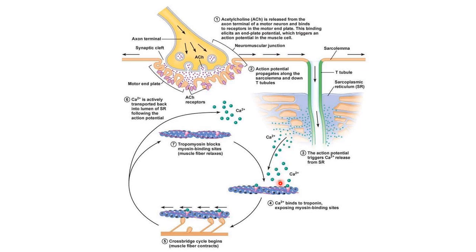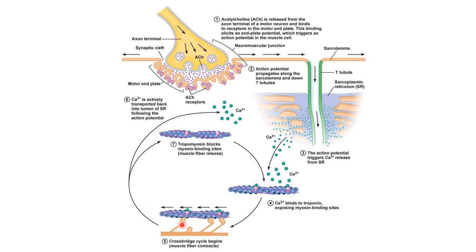The Ca2 plus ions will bind to troponin, thereby exposing the myosin binding site on the actin filament. The myosin heads with ADP and Pi bound will bind to the myosin binding site. Then it will result in the power stroke.